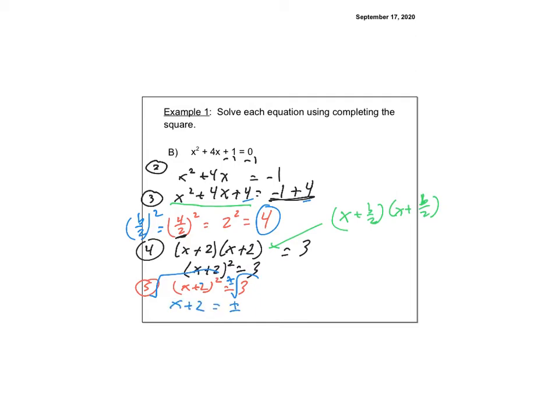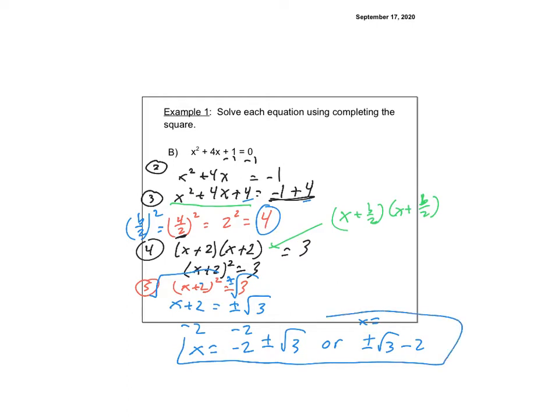And the right-hand side is plus or minus the square root of 3. I'm going to subtract 2. And so I end up there getting negative 2 plus or minus the square root of 3. And again, if you want, you can write it as plus or minus square root of 3 minus 2. Usually, however, you're going to see it as the first.